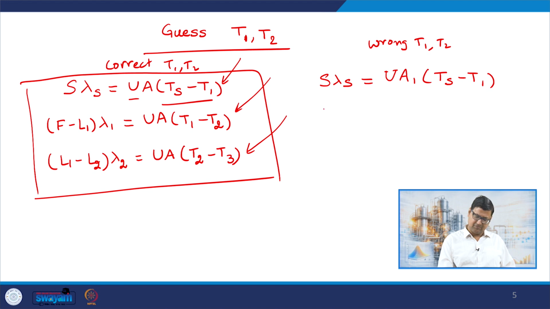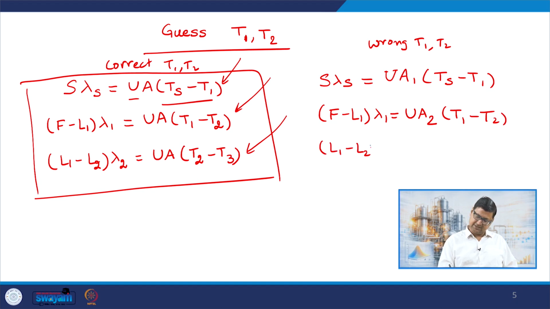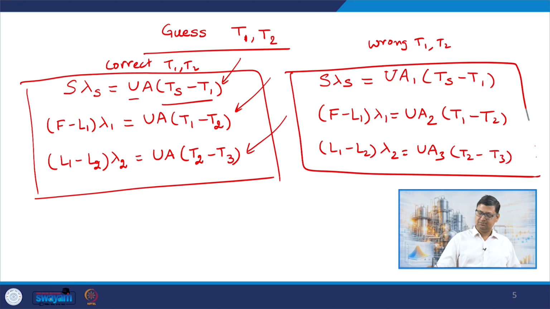And the second one will give me F minus L1 lambda 1 is equal to UA2 times T1 minus T2, and then L1 minus L2 lambda 2 is UA3 times T2 minus T3. So only when T1 and T2 are correct can we get the correct areas from all the three equations. And if it is wrong, then we will get different areas from the three equations.